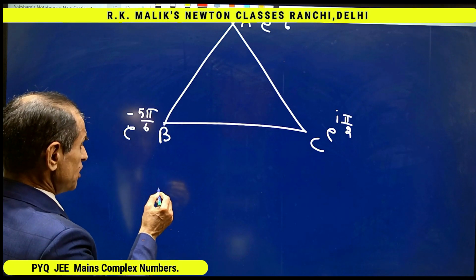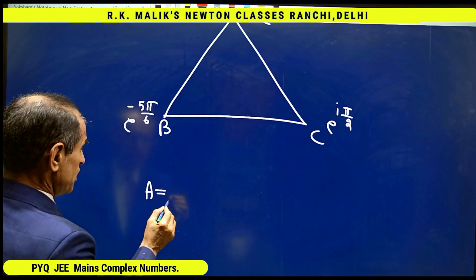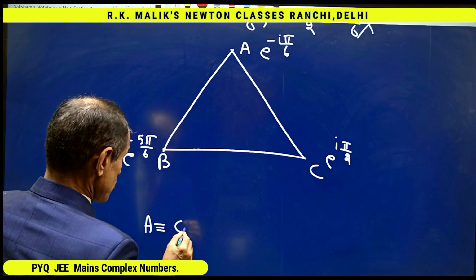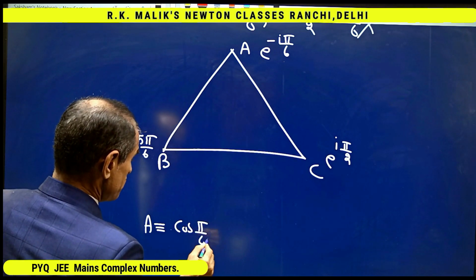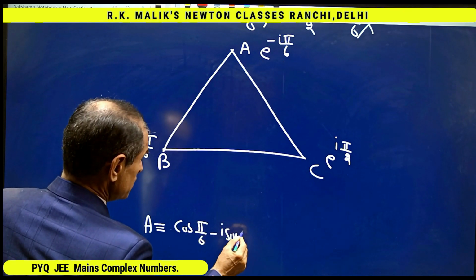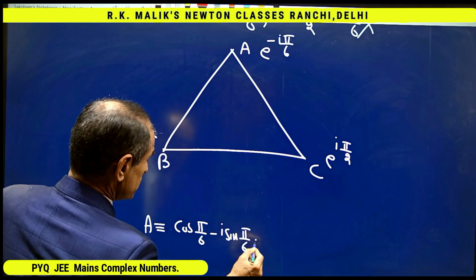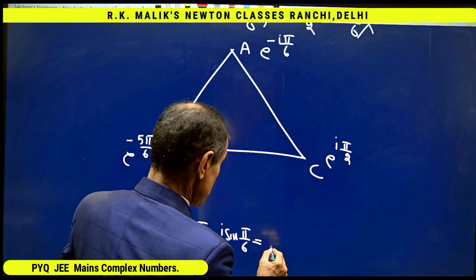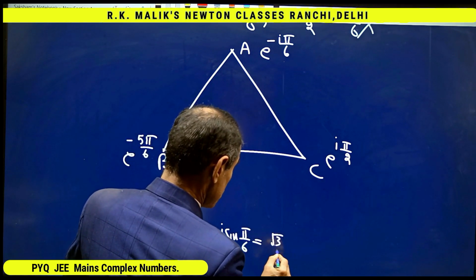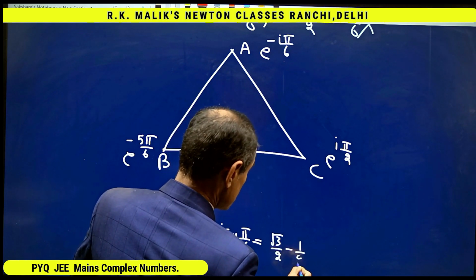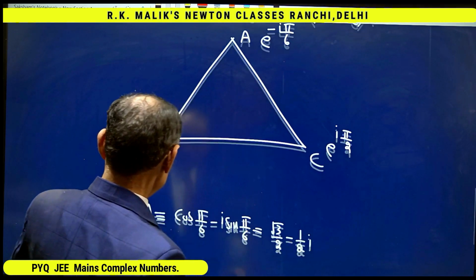The complex number A is cos pi by 6 minus i sin pi by 6, equal to root 3 by 2 minus 1 by 2 i.